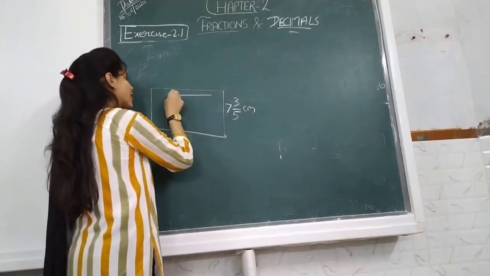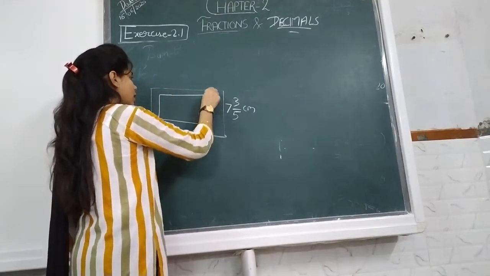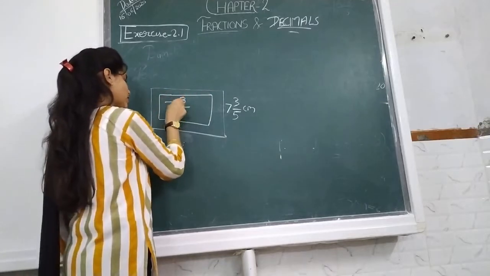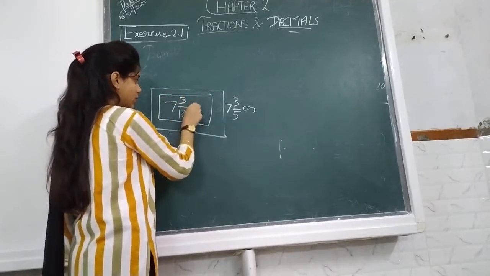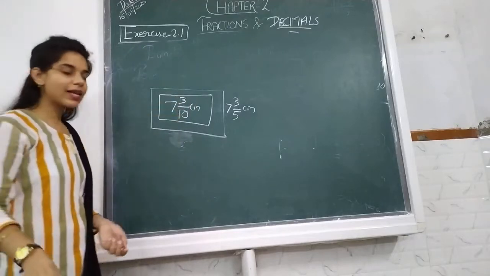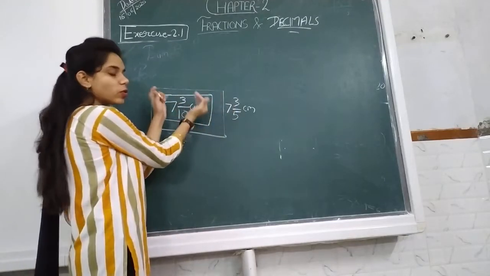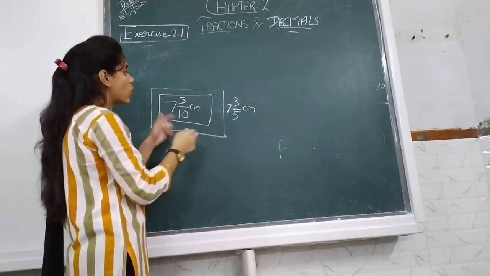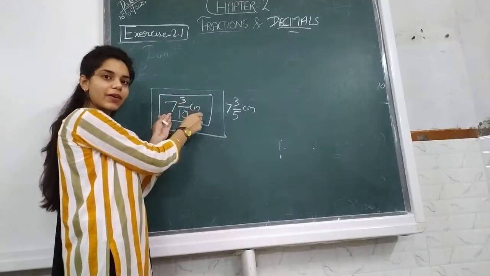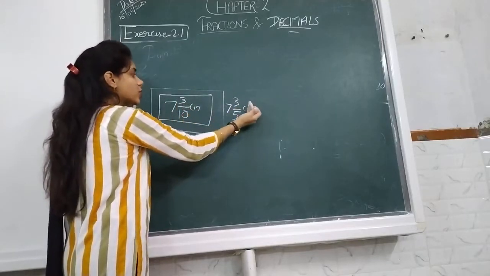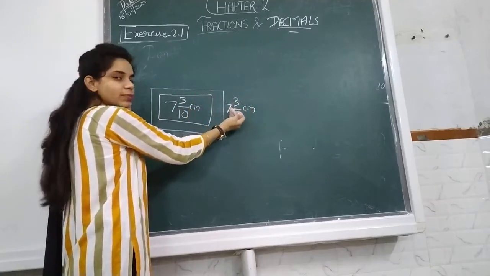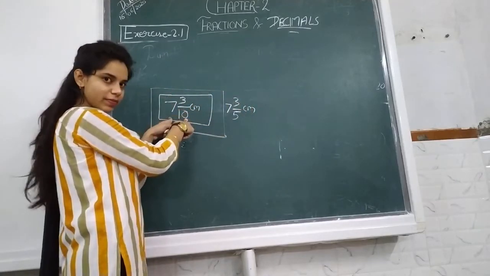Suppose this is a frame, and this frame is 7 3/10 centimeter wide, and Salim wants to put this picture into this frame. So this picture should not be greater than this, because if it is greater than this, this picture can't be put in this frame.